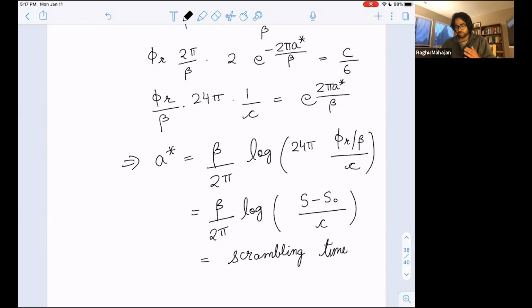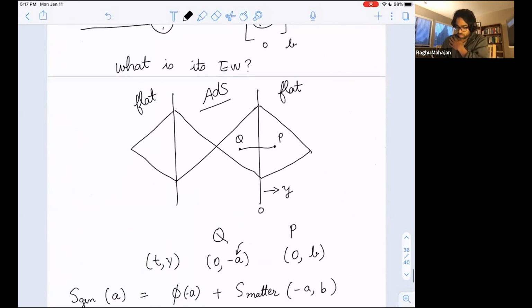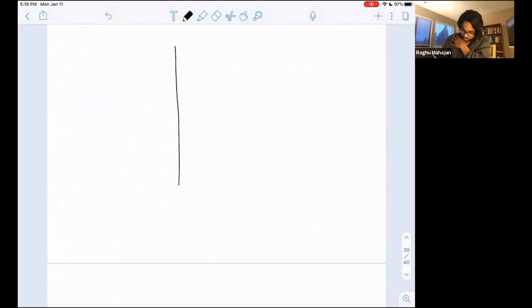Okay, so this is the value. So what we learn is that if we take B to 0, if P is, let me just draw this again, move below here.